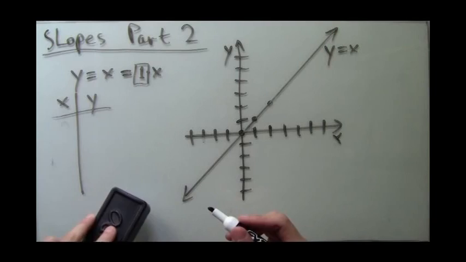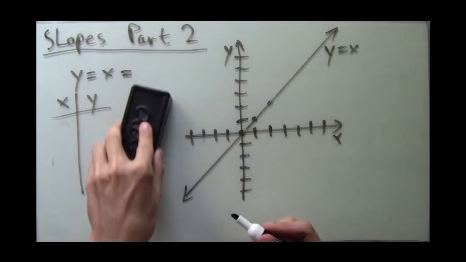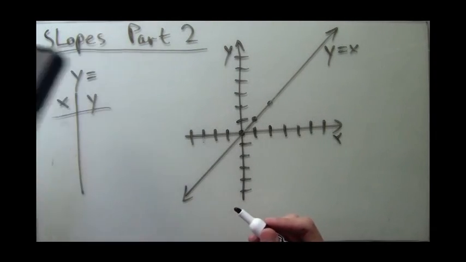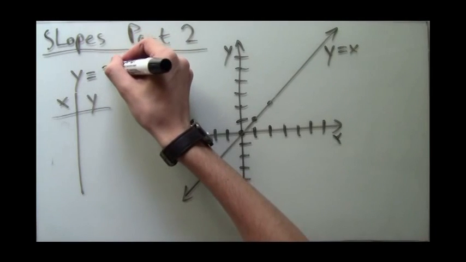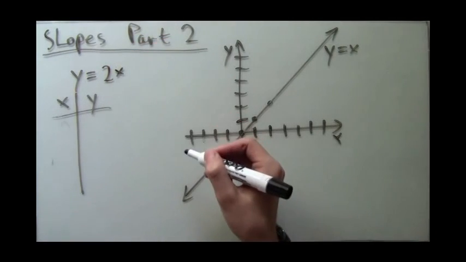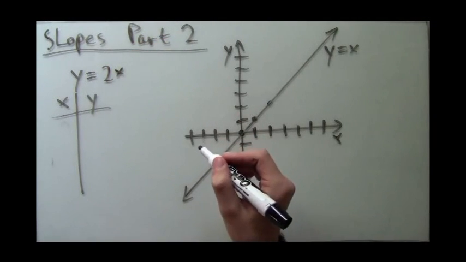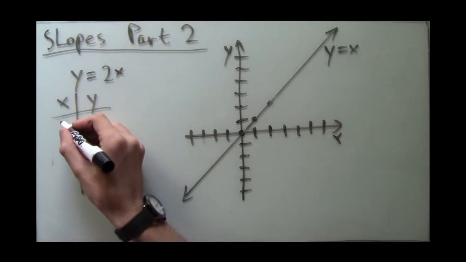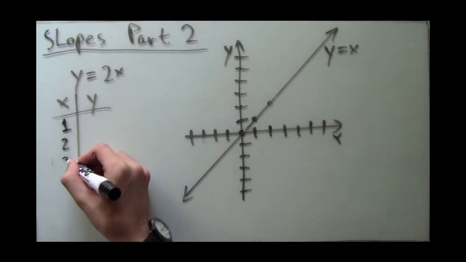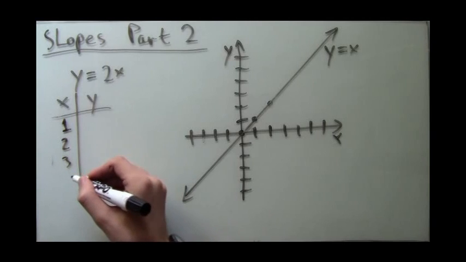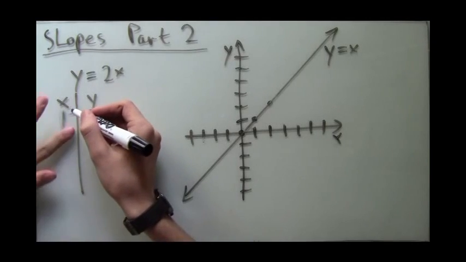We are ready to move on to our next example function, y equals 2x. Since the x is multiplied by 2, the slope of this function must be 2. We will take x equals 0, 1, 2, 3 as before.